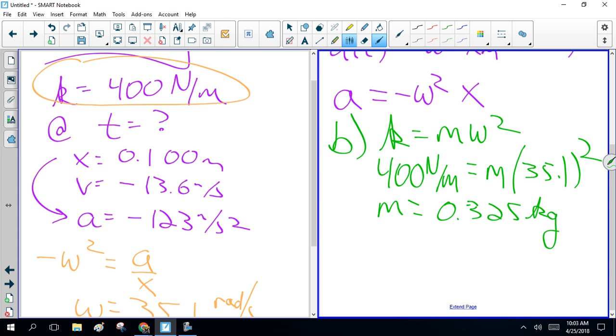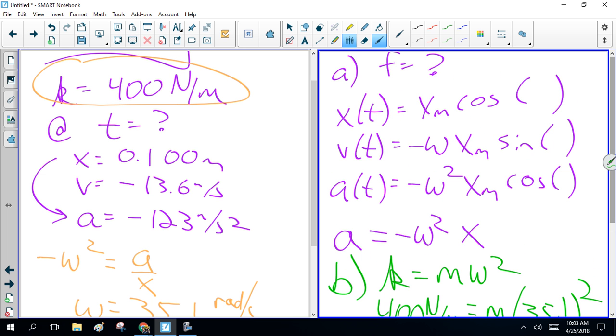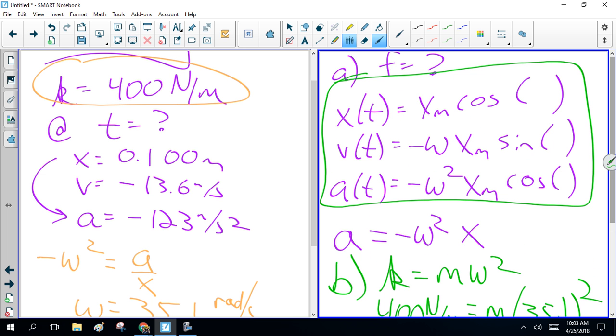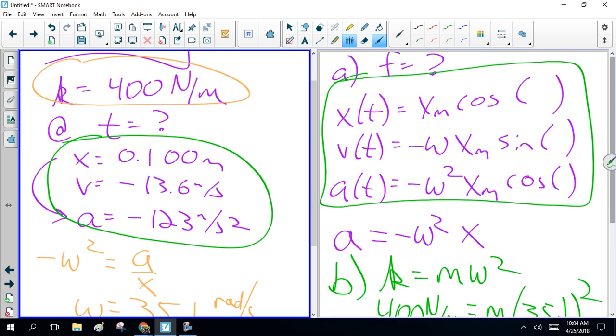Okay? I think there is a way to do it mathematically using these three equations up here, but it gets really ugly. But the idea is, as it oscillates, what should be true about the total energy, you guys? It should be constant, right? And so the idea is, at this point, I know all of this information, right?